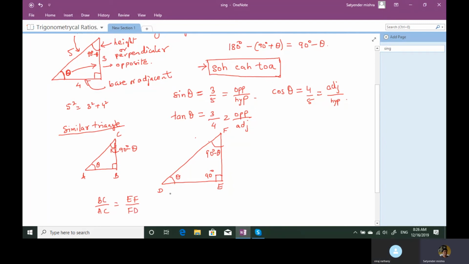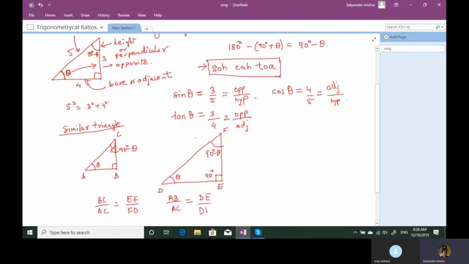Right? We can write here this by this, then this by this. AB by AC is equal to DE by DF.